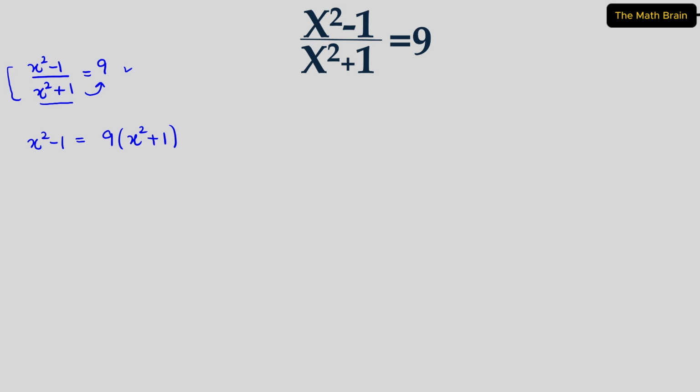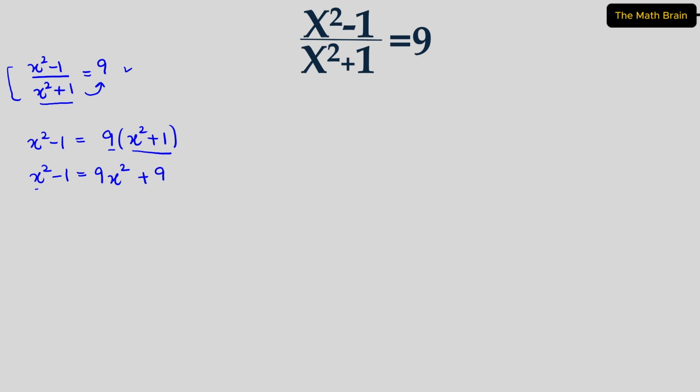Now let's continue. On the left hand side we have x square minus 1 is equal to, what we can do is multiply this 9 with (x square plus 1) and we will get 9x square plus 9.